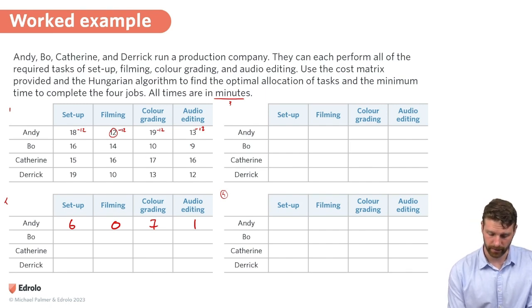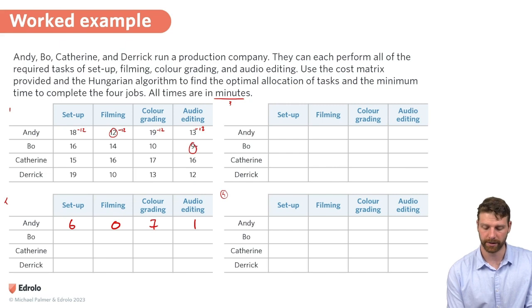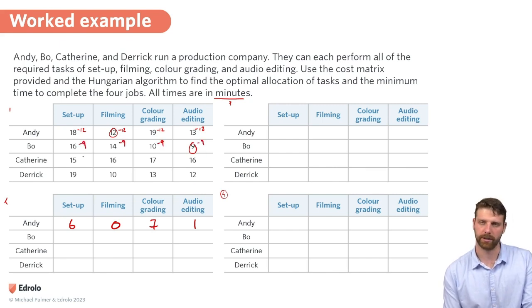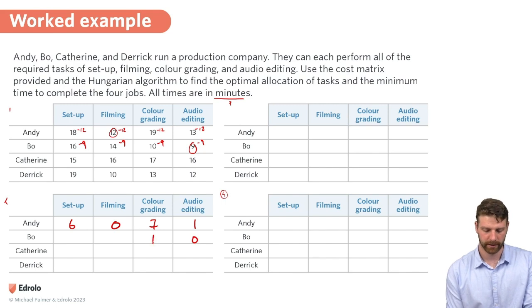So Bo, the lowest value here is 9, so I'm going to take away 9 from all of those. And you don't have to draw the little 9s in, if you can just do it in your head, that's cool. Just make sure you get it right. So 9 minus 9 is 0, 1, 5, and 16 minus 9 should be 7. Now Catherine's row, the lowest value is 15.